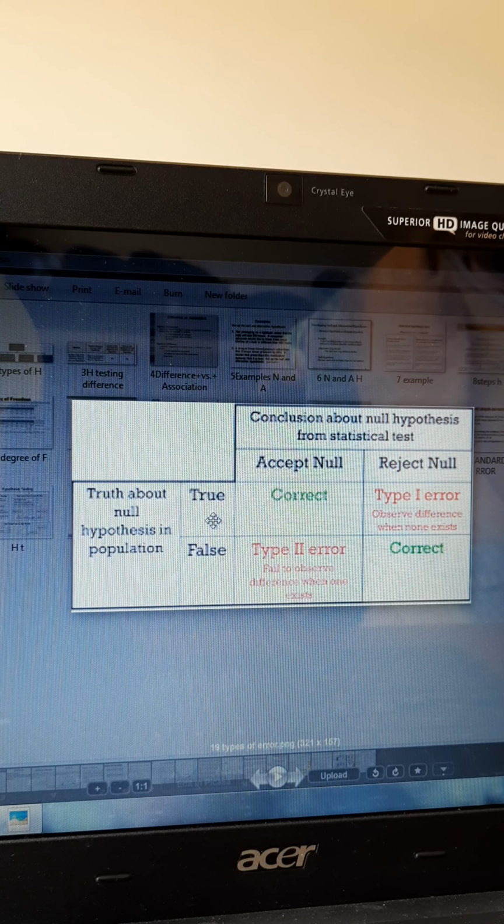Null hypothesis is true, which is correct, but you have rejected. Your null hypothesis is actually false, but you have the type 2 error where you have accepted it. Right? So this is about type 1 and type 2 errors.